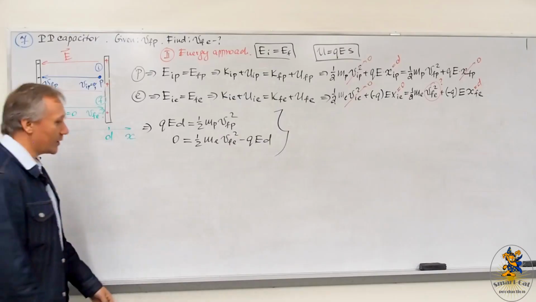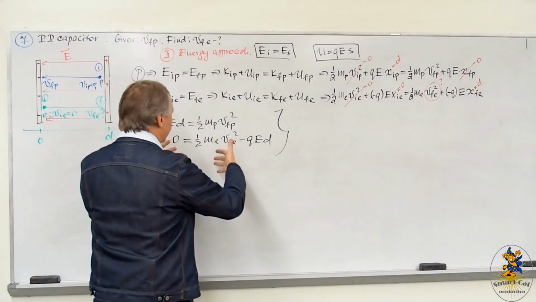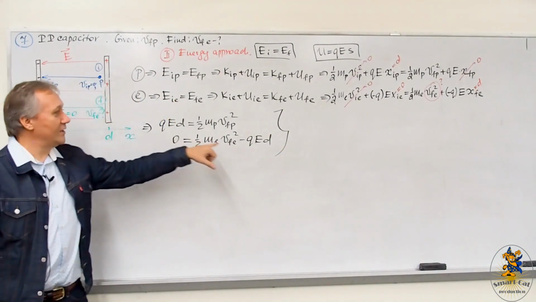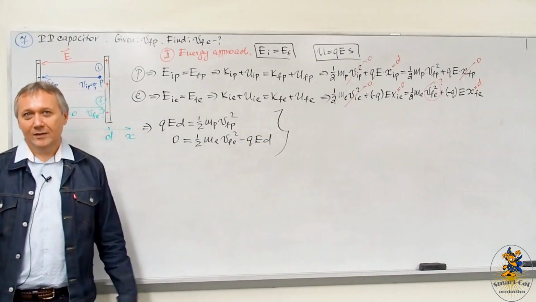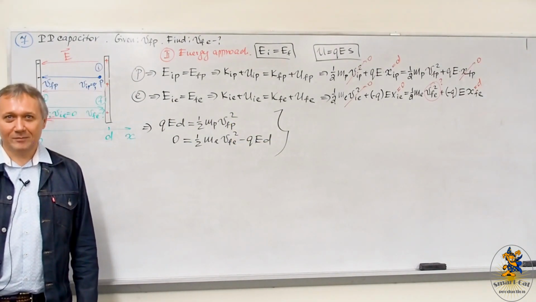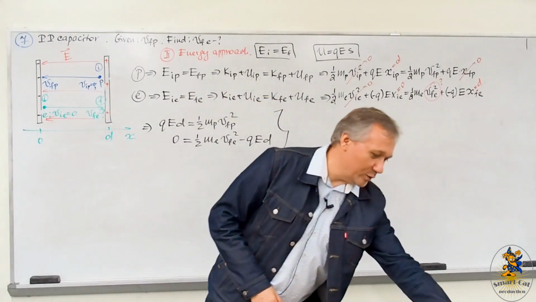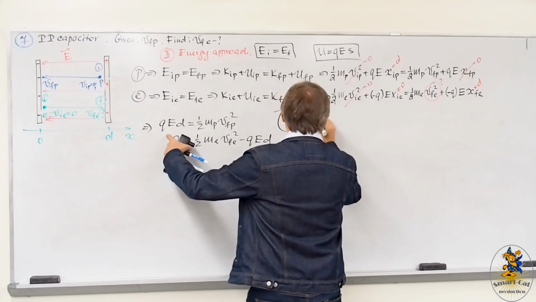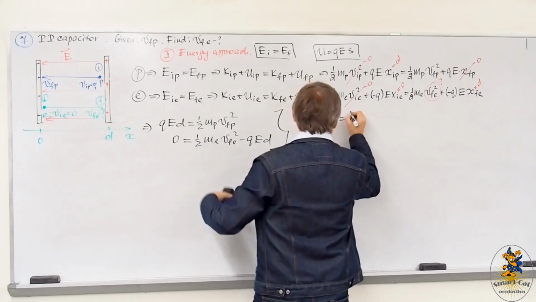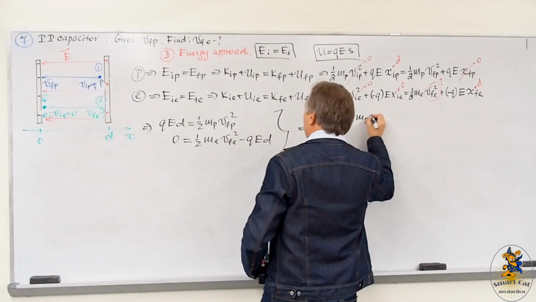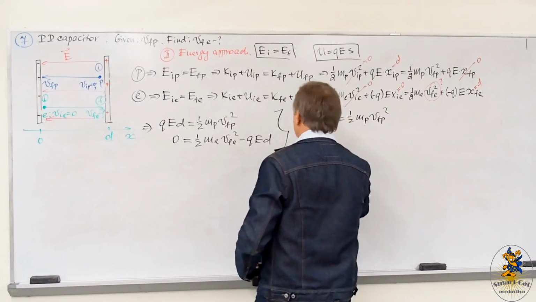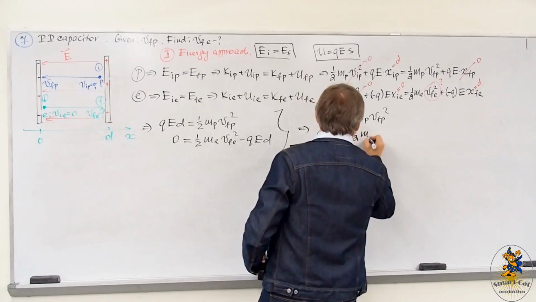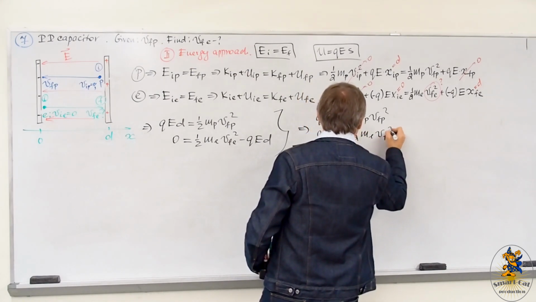Or in simple words, we just combine these equations or connect them through QED, because QED here, QED there, so we can create one equation through that QED. Let me make it clearer. From the first equation, I'm just rewriting it without any changes. And the second equation will be QED equals 1/2 m electron V final electron squared.